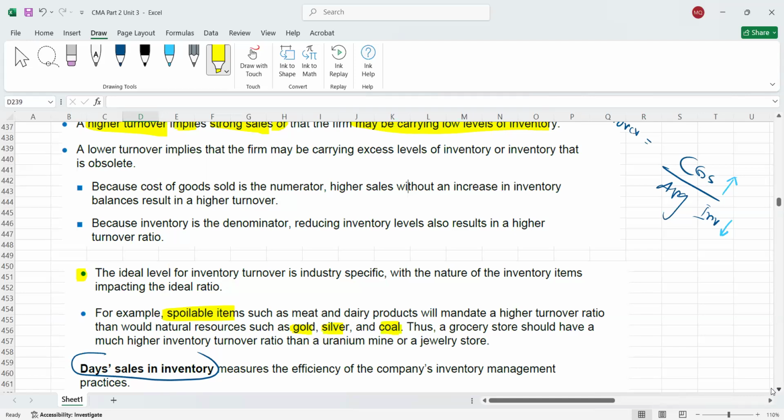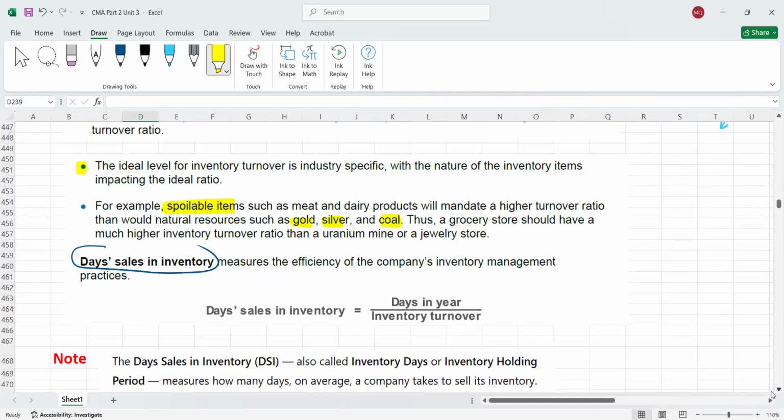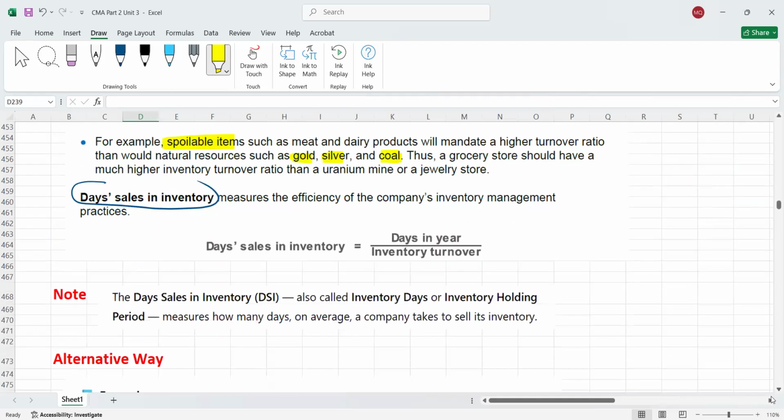But from a business perspective, you want your inventory to be sold many times in a year. First ratio is clear. Now I'm going to talk about days sales in inventory, and this is also called inventory days. The second ratio, turnover ratio, I have explained.